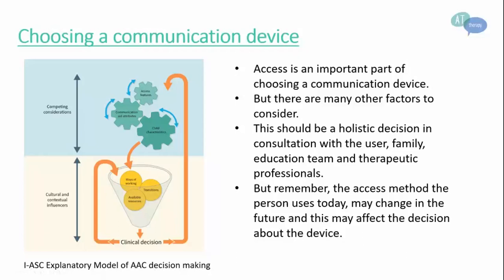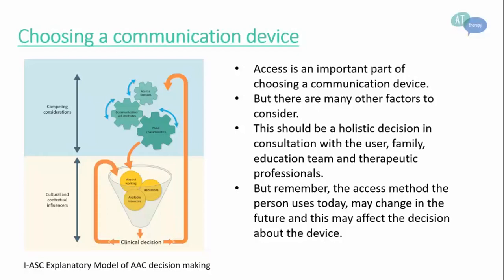Need to be thinking about the family as well, and then the education team and therapeutic professionals, so speech and language therapists. You might also have an assistive technologist, an occupational therapist, maybe a visual impairment teacher as well. Lots of people that might need to have a professional opinion on it as well.